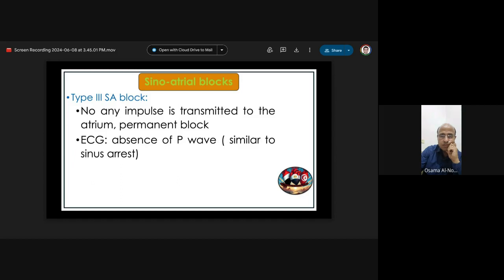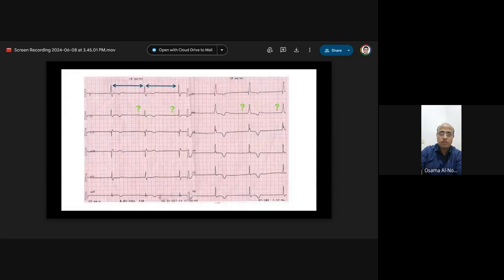It can only be diagnosed with sinus node electrophysiological evaluation. Here is an example of third degree sinoatrial exit block: there is complete absence of P wave, and the rhythm is maintained by a junctional escape rhythm.